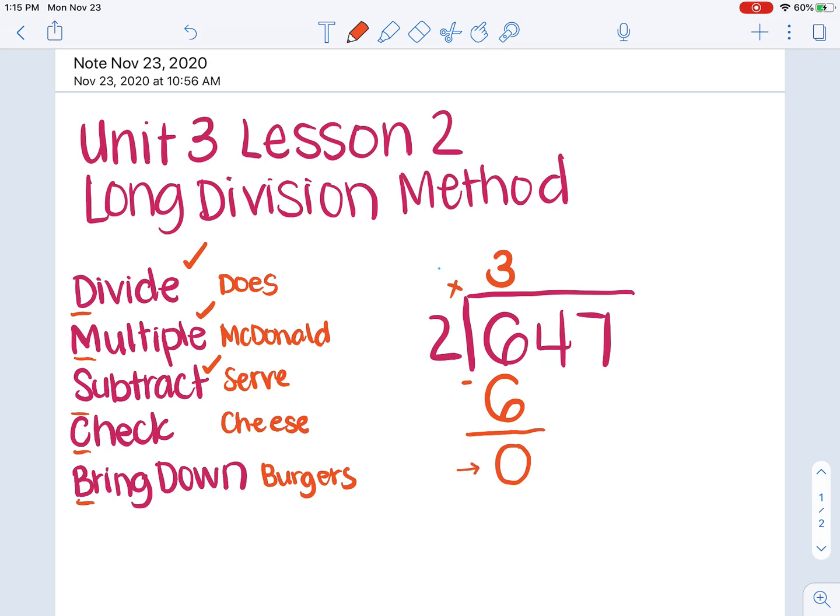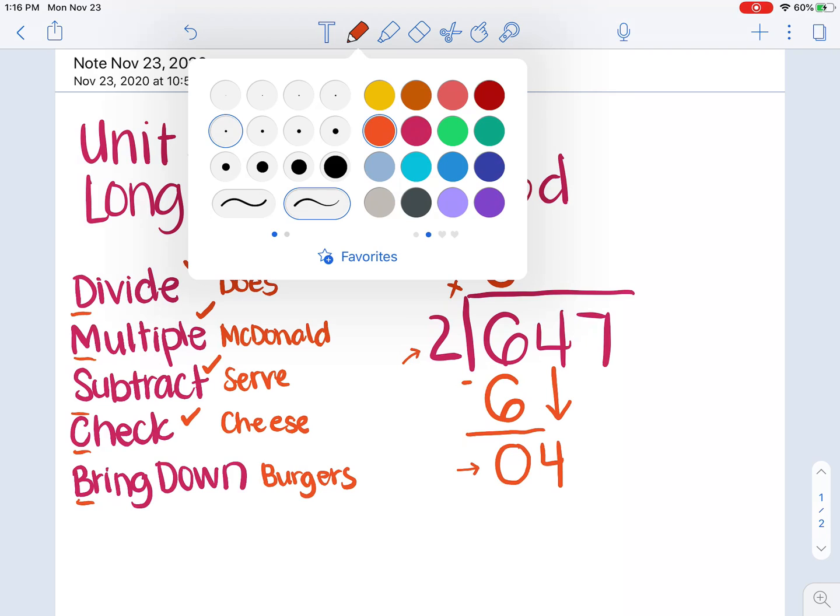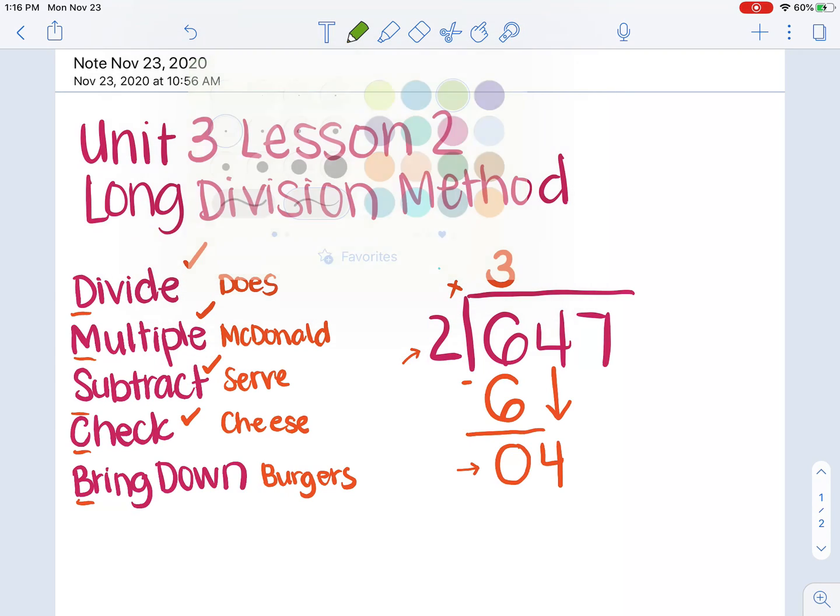What I'm looking for is this number must be smaller than the number that I'm dividing by, or my divisor. Is 0 smaller than 2? You betcha. I'm good. Now I'm going to bring down. I'm going to bring down my 4. And we're going to start our process over again.